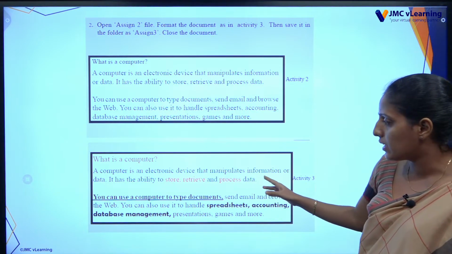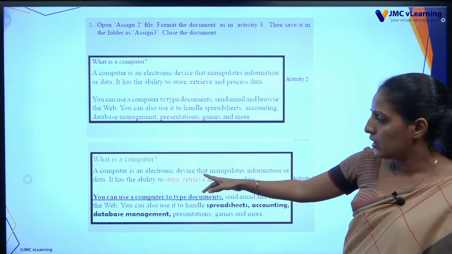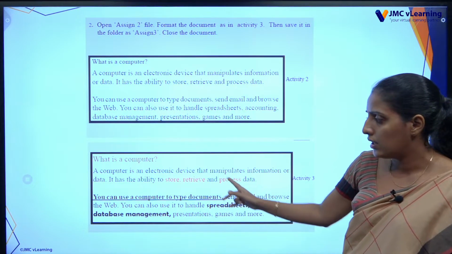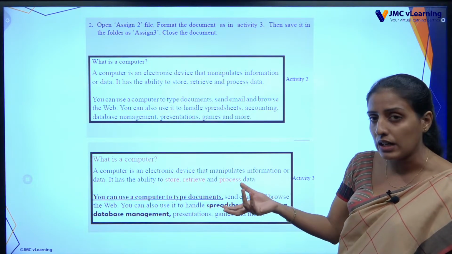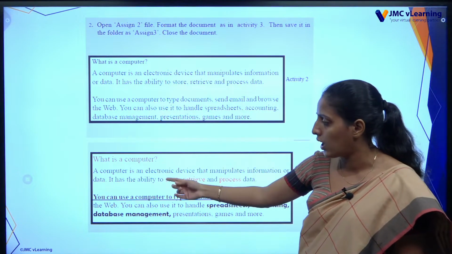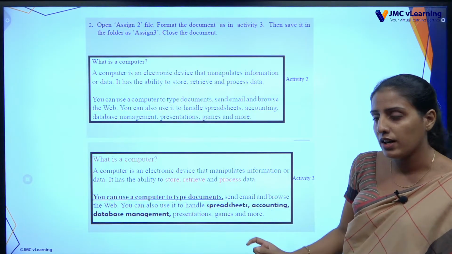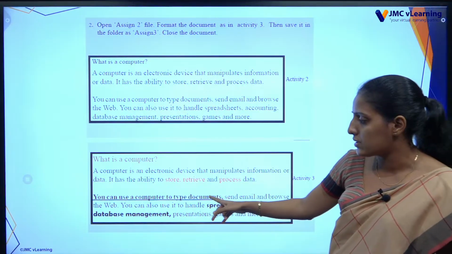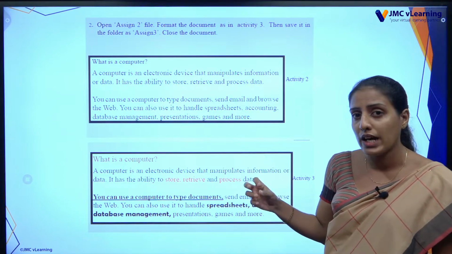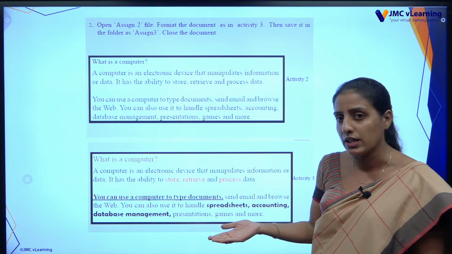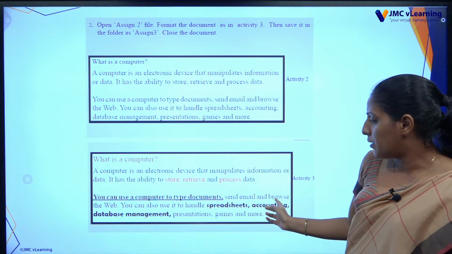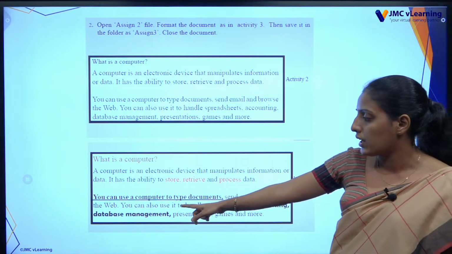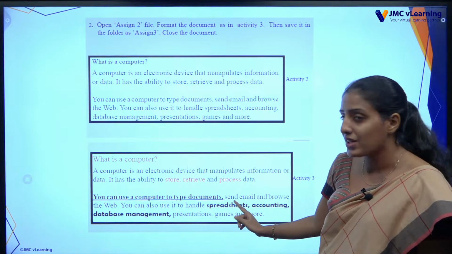And next you can see these 3 letters have been used as the red color, the text color in here brown color, these 3 as red color. Then "You can use a computer to type documents." This sentence is bold and underlined. Then "send email", and in there also you can see spreadsheet, accounting, database management, the font type is changed.